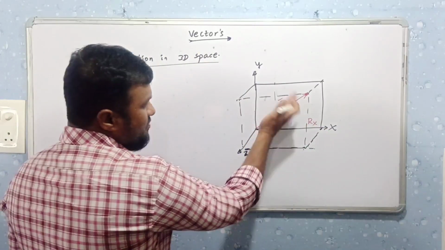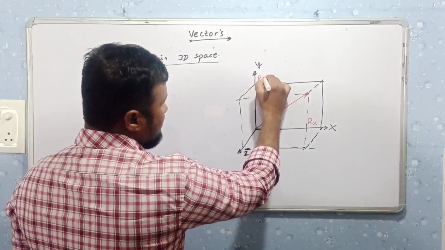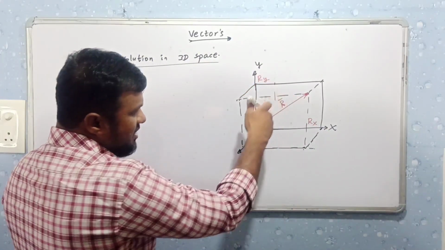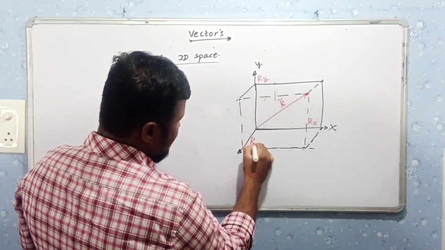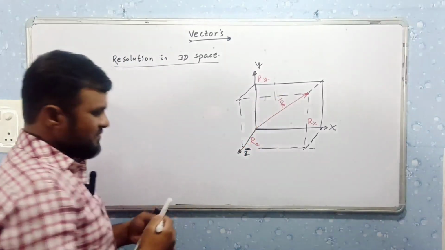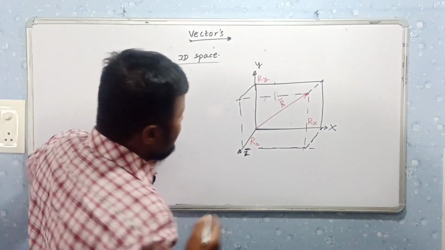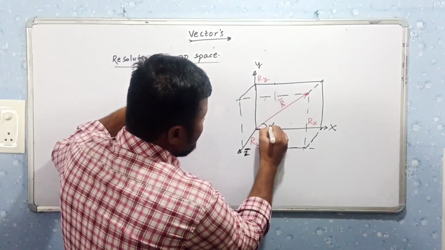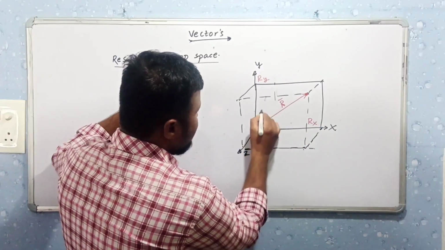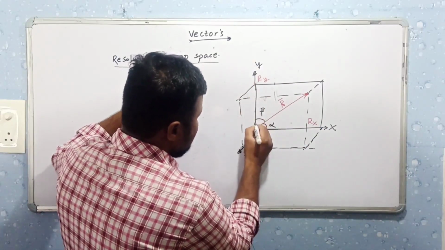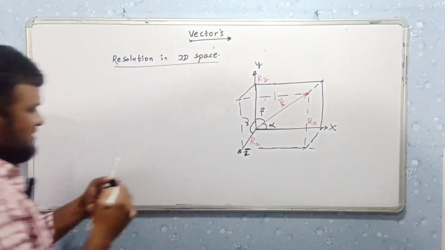The projection of R bar along the y-axis is Ry. And the projection of R bar along the z-axis is Rz. Suppose position vector R bar makes an angle alpha with the x-axis, beta with the y-axis, and gamma with the z-axis.